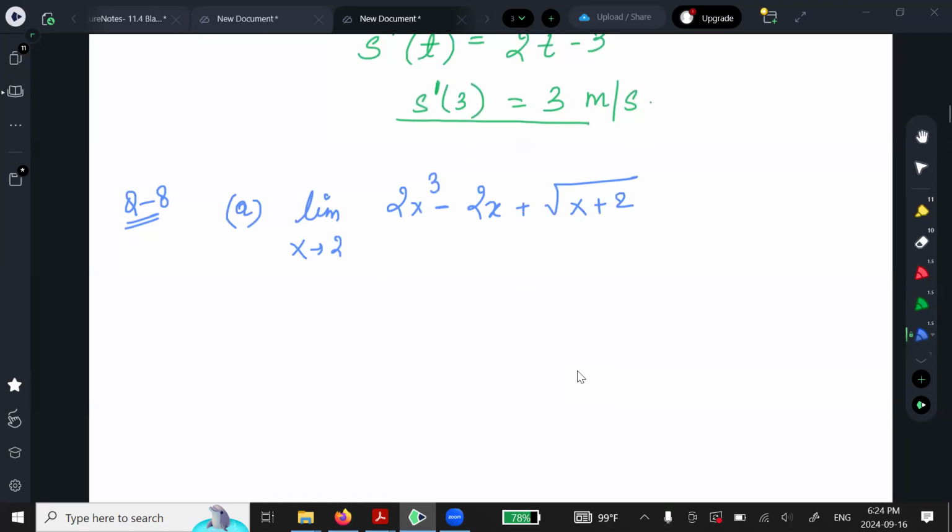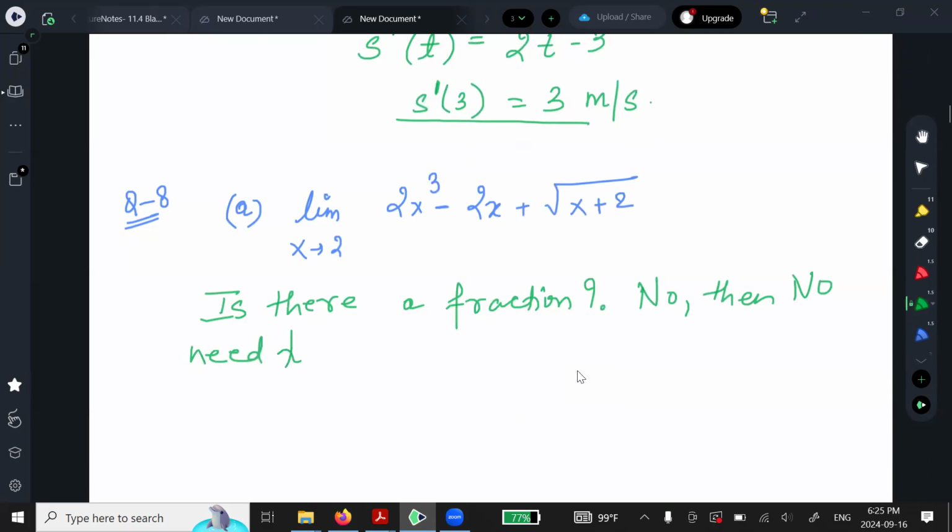Just plug it in, right? Is there a fraction? Then it's easy peasy lemon squeezy. What will you do? You ask yourself, is there a fraction? The answer is no. Then no need to simplify. Just plug 2 in. What's the answer?